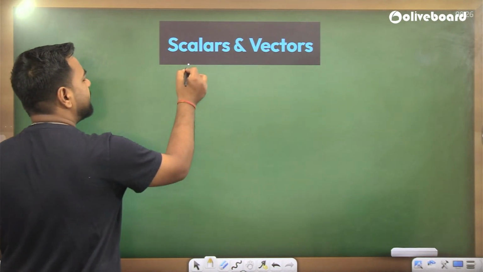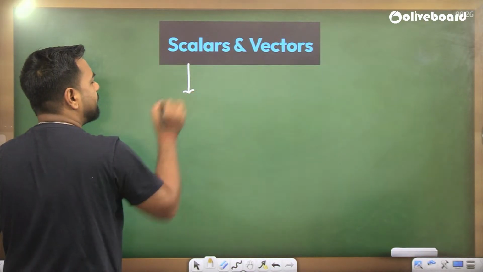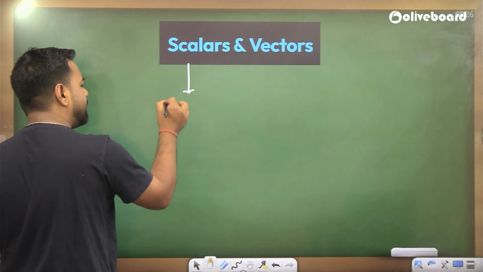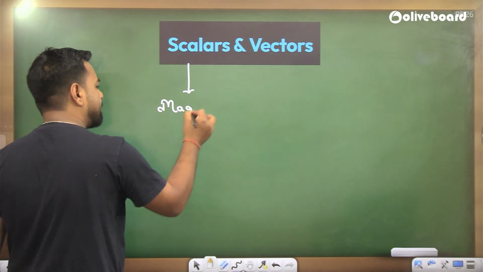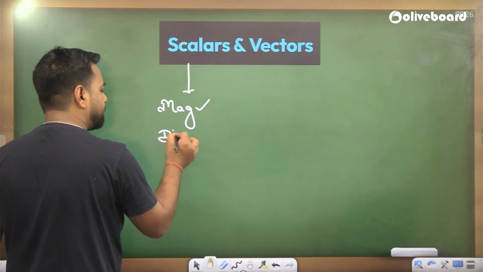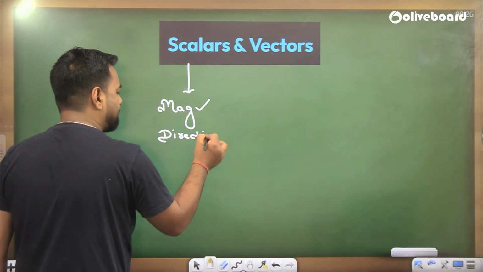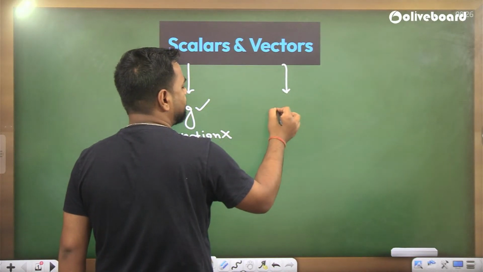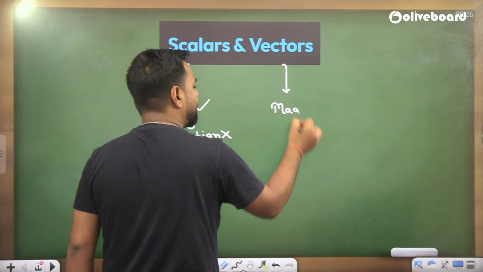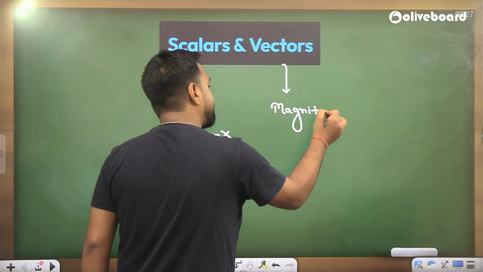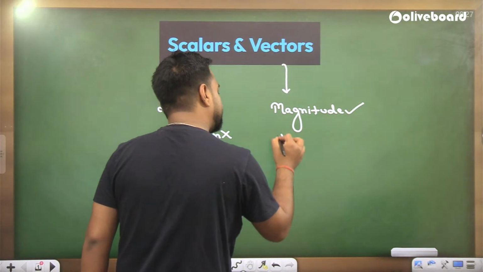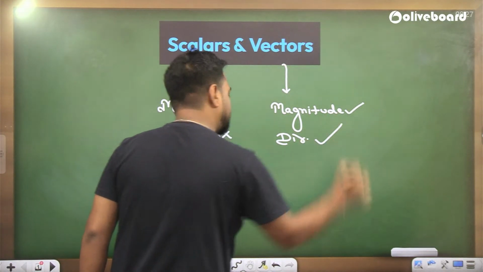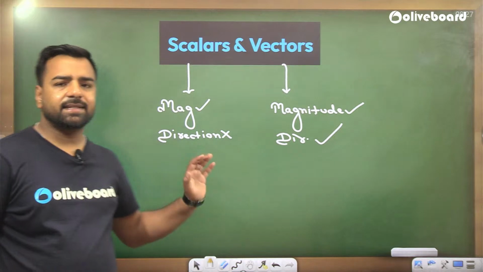A scalar quantity has only magnitude, right? No direction. But talking about vector quantities, they have both magnitude and also direction. Okay, but these things are not enough.